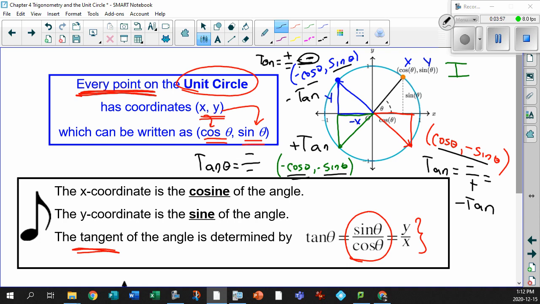So how do we remember this? There's an easy way, and I think you'll remember this from Math 20. It's called the CAST rule, or add sugar to coffee. How does it work? Add, because all of the ratios out here, sine, cosine, and tangent, are positive. Sugar, that's S, goes right here.